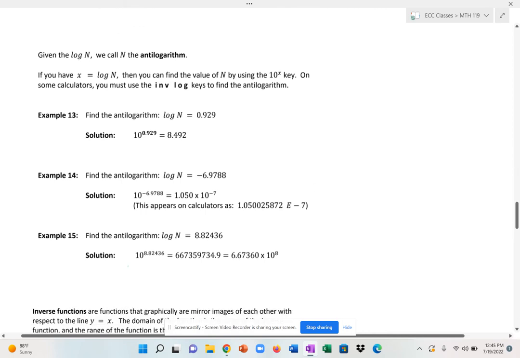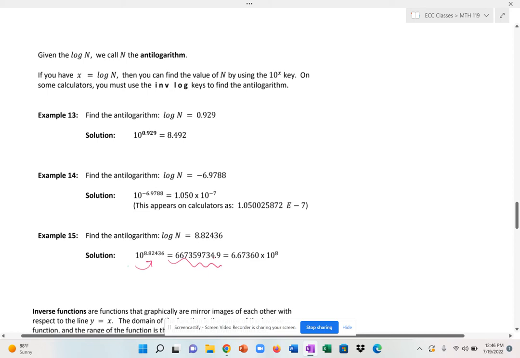This one will be done similarly. Here I have 10 to the 8.82436. Your calculator might give you something like this. And then if I use scientific notation, and again, it's optional, but sometimes when they're big numbers or really small numbers, it's more convenient to read it like that.